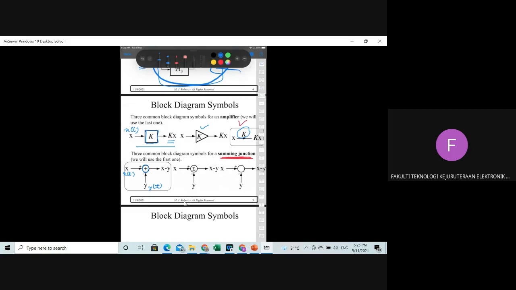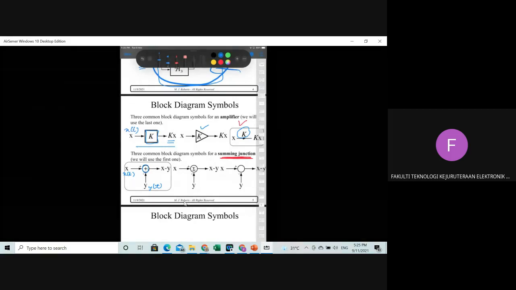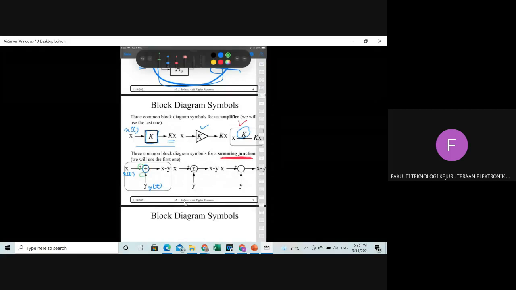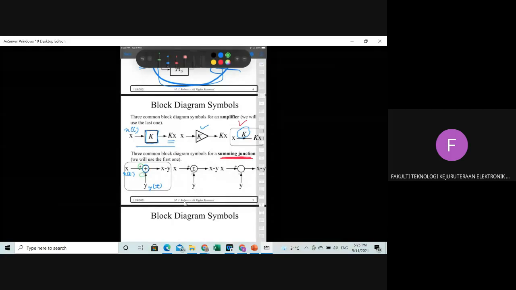Plus, plus. The positive sign here means positive x. The negative here means y times negative becomes negative y, so the total when you do the summation is x minus y.